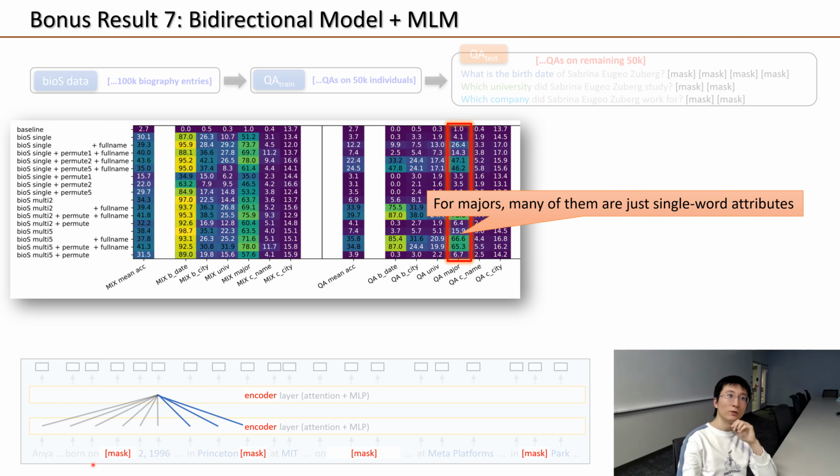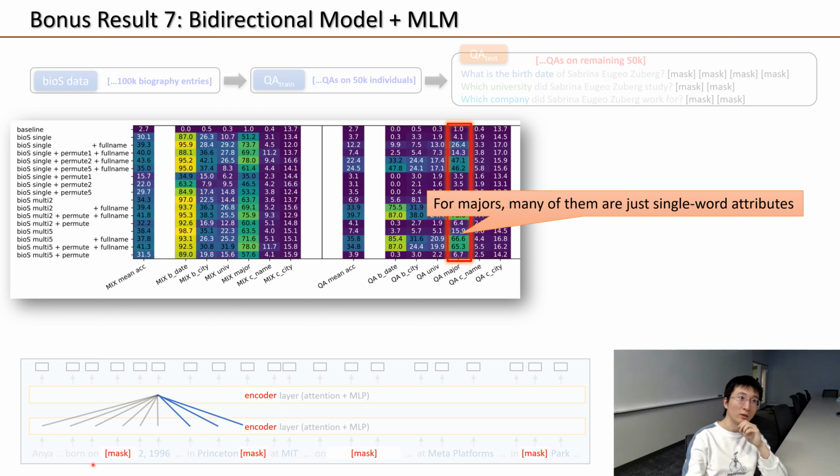For some other attributes, like the college major, you will also see a high accuracy, but this is because most of the majors are single-worded, like mathematics, physics, or communications, and so on. In such a case, the model will also have to associate those knowledge attributes to the person's name.